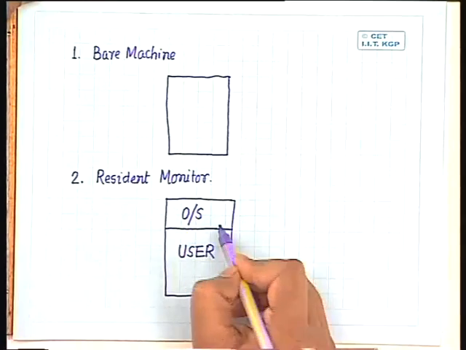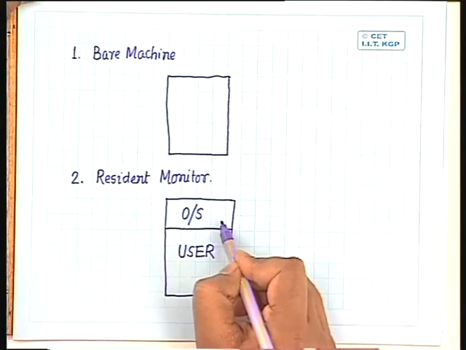When you switch on the machine, that is when the machine is booted, the operating system is read from the hard disk and put into this part of the memory. So this memory also has to be a random access memory, it cannot be a read-only memory, because we have to write the monitor codes into this part of the memory.